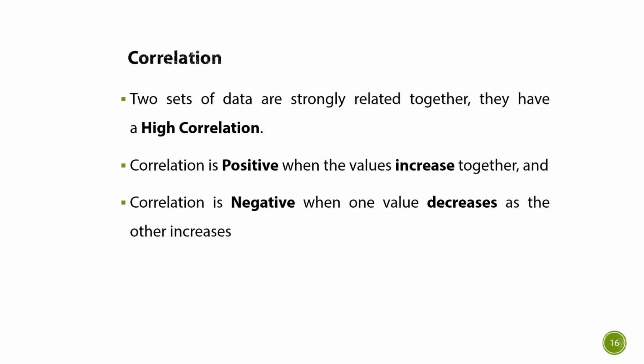Correlation is positive when the values increase together. For example, the more time you spend running on a treadmill, the more calories you will burn. Or taller people have larger shoe sizes and shorter people have smaller shoe sizes.